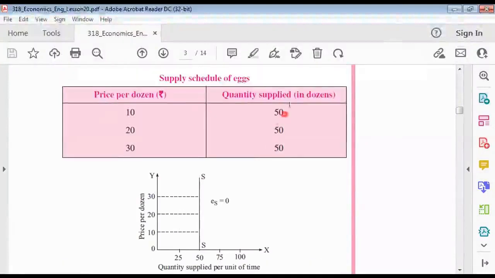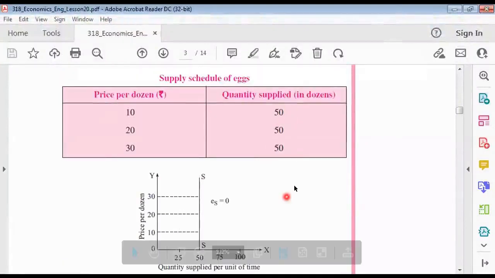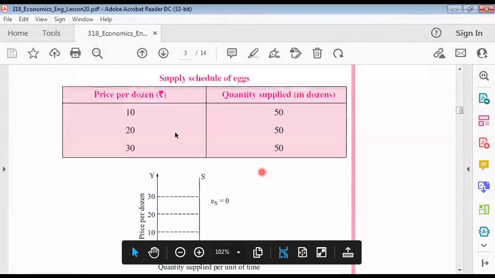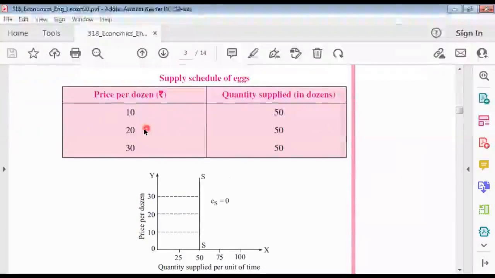As you can see, quantity supply is not changing. That means 0%. 0% divided by any percent from 10 to 20, 100%. So 0% by 100%, 0% by 50%, 0% by 10%, 0% by any percent is equal to 0, right?